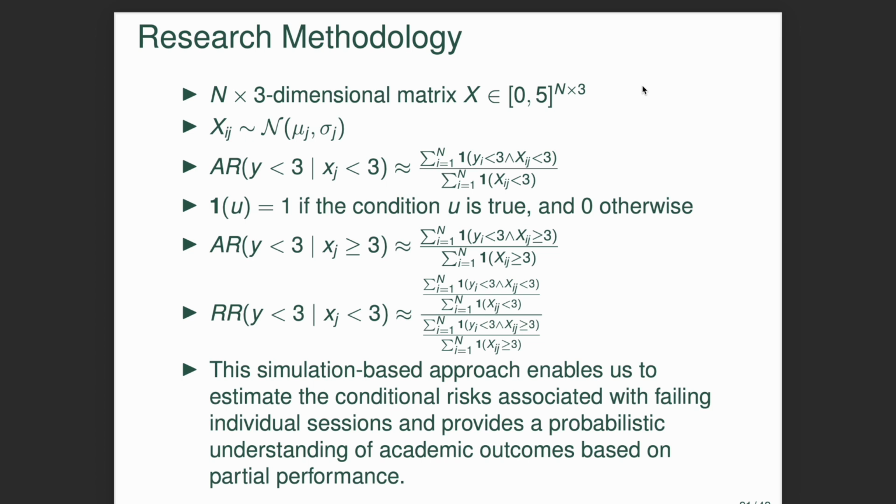This simulation-based method allows us to estimate conditional probabilities of course failure based on various performance patterns, providing a nuanced, probabilistic understanding of academic outcomes based on partial session results.